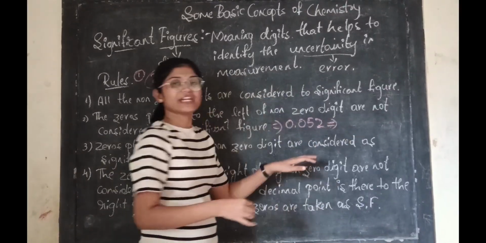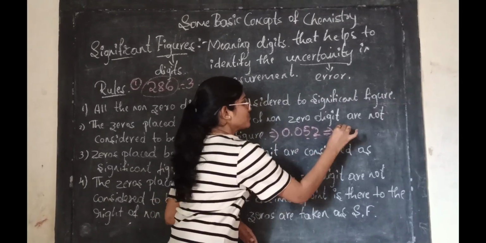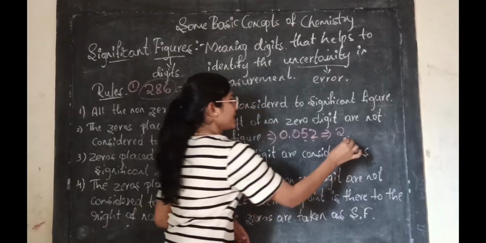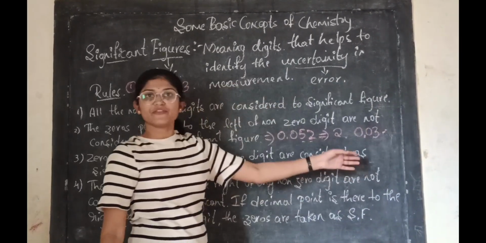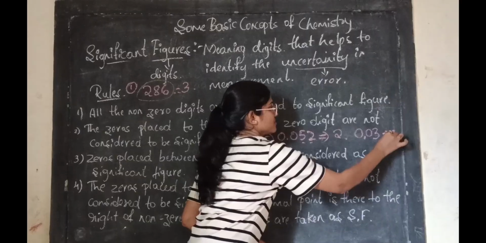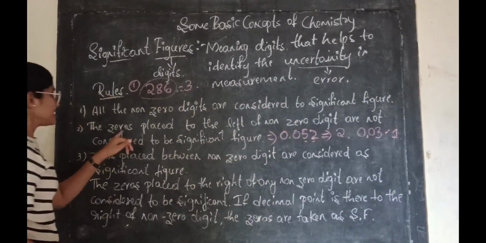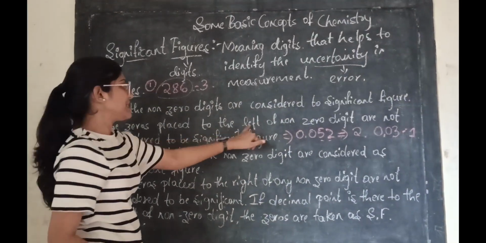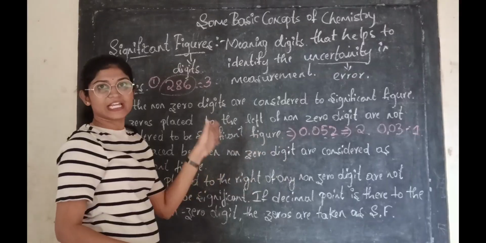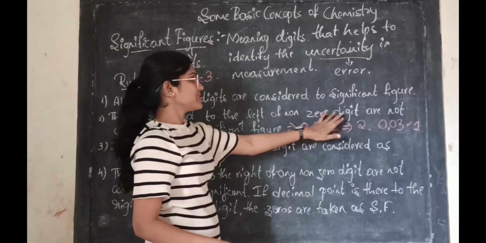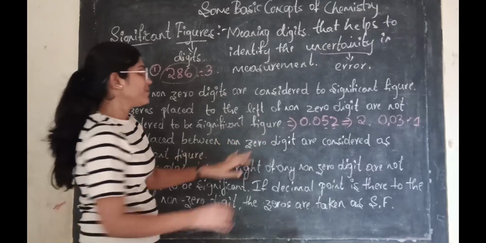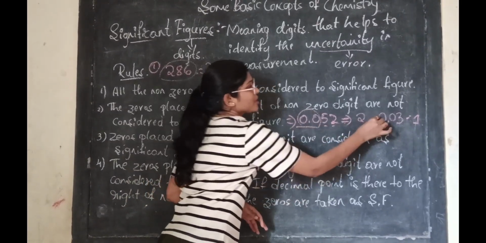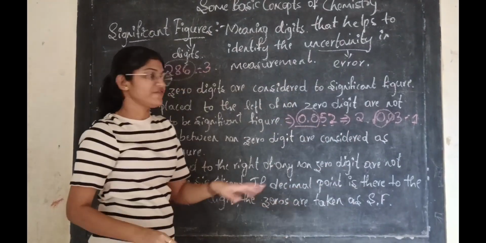The significant figures are 5 and 2, so 2 significant figures. Take again the example 0.03. In this the significant figure is 1. The zeros placed to the left, before the non-zero digit, are not considered significant figures.